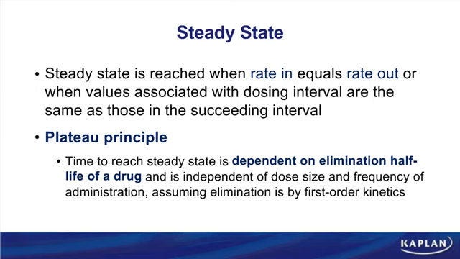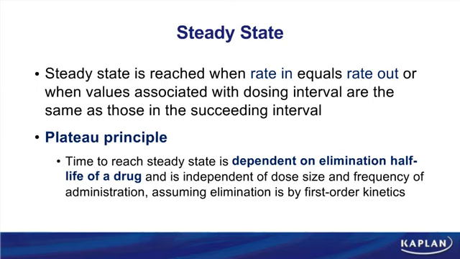And that is independent of any of the other variables that you might be given, like the size of the dose, how often that you're dosing. But we do have to assume that the drug is being eliminated by first-order kinetics. In other words, if you have one of those special cases of a zero-order kinetics drug, like phenytoin or ethanol or aspirin, then you really can't discuss effectively the concept of steady state because you can't discuss the concept of half-life.